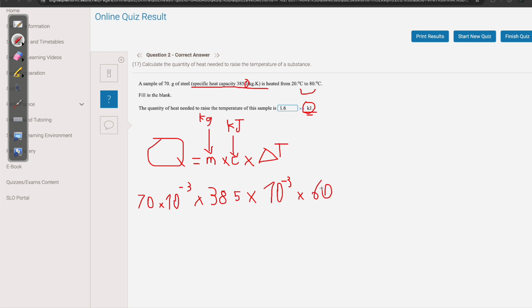Now I'm gonna plug that into the calculator. 70 times 10 to the negative 3 times 385 times 10 to the negative 3 times 60, which will give us 1.61, or 1.6 rounded to one decimal place.